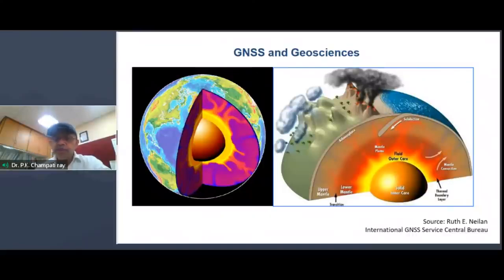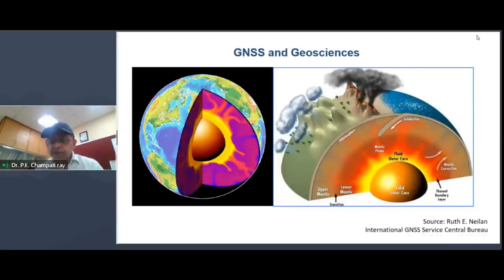Now, if you see on your screen, that's the reason why GNSS, which is very, very good for precise measurement, is important, because planet Earth is on the move. Planet Earth consists of principally three layers.